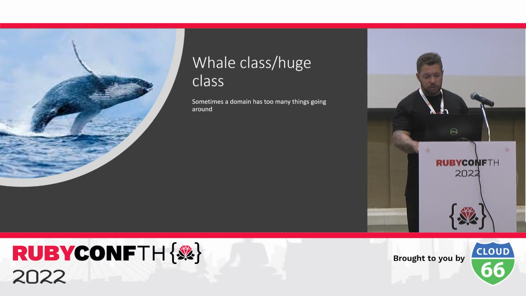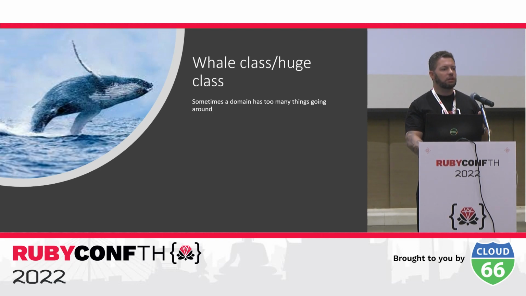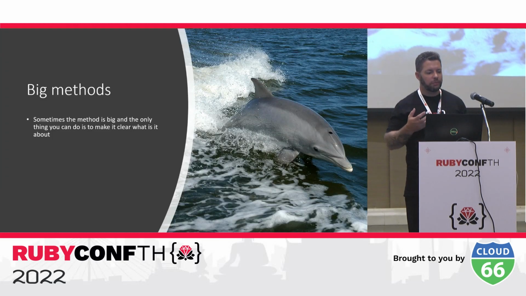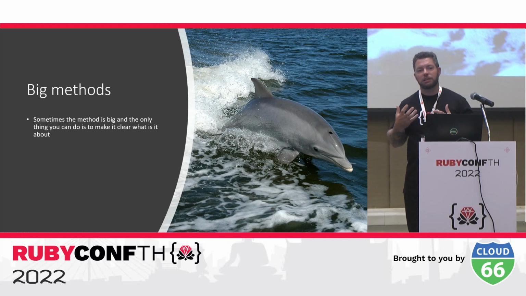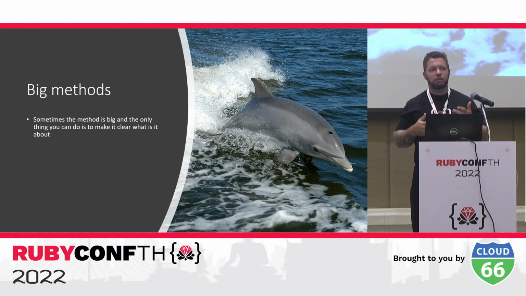Whale classes usually travel together with dolphin methods. They are smaller than the whale class, but they are really big methods. They usually have high cyclomatic complexity, and most of the time they can be simplified with some effort.